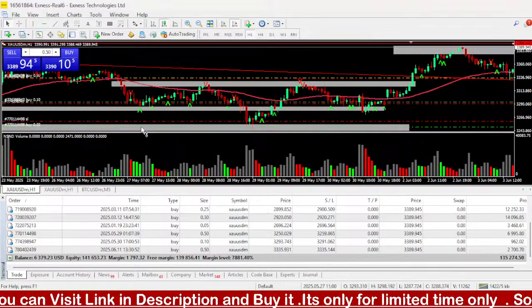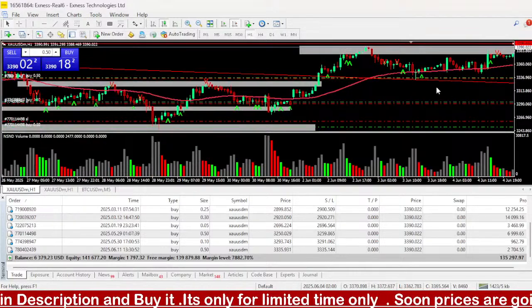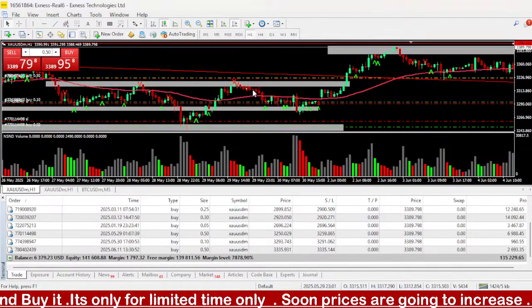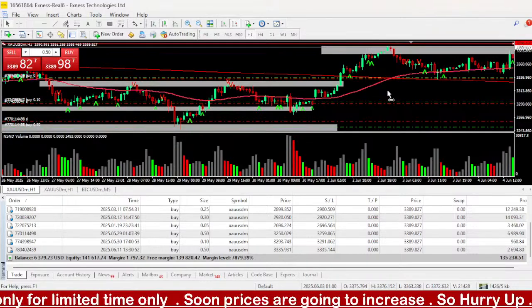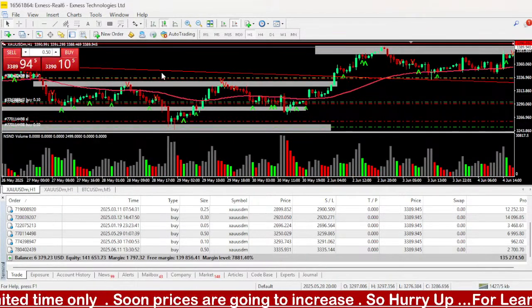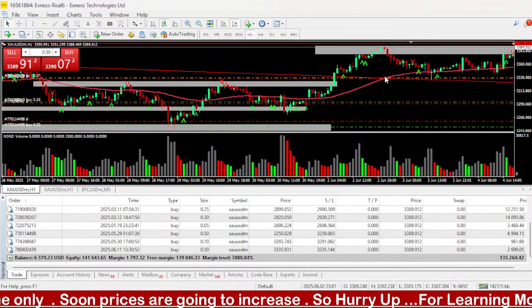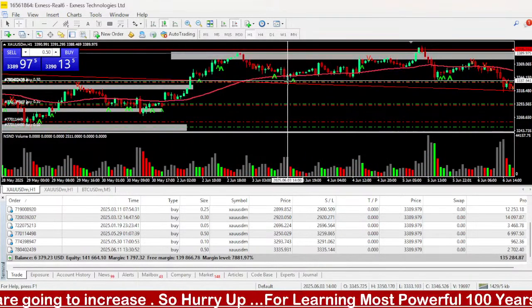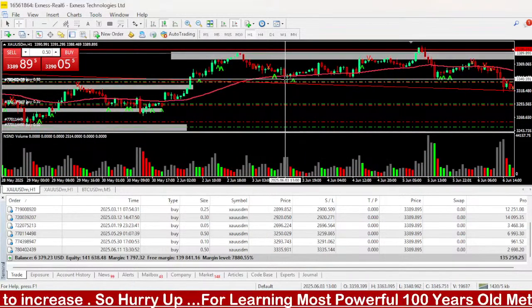And with this simple concept, the same type of scenario is happening here. Previously it was acting as a resistance, but when the market broke this level, again I bought here. Why? Because maybe I bought at this point at the retest.